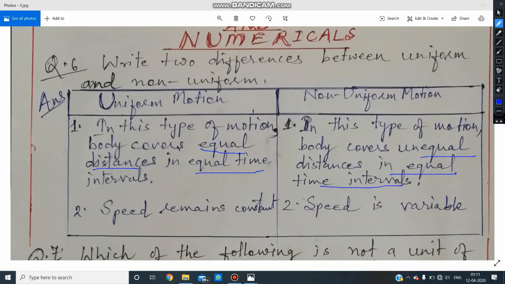Now, following the first difference, we can take out the second difference, which is saying that in uniform motion, speed remains constant. Now, how is it possible? Speed formula is speed is equal to distance by time. When the distance is equal along with the equal time intervals, the ratio comes to be a constant value. On the other hand, for the non-uniform motion following the same formula, we will get speed to be variable. So these are the two important differences between uniform and non-uniform motion.